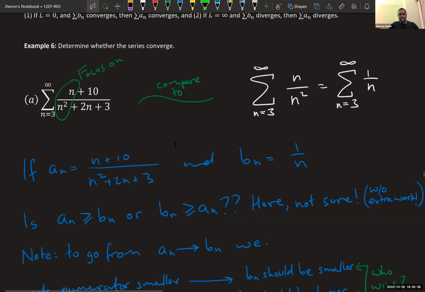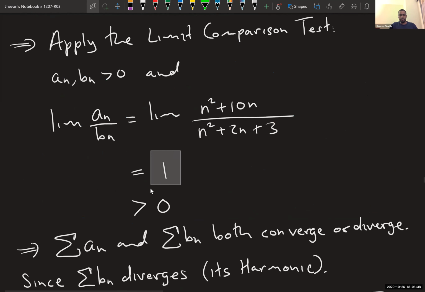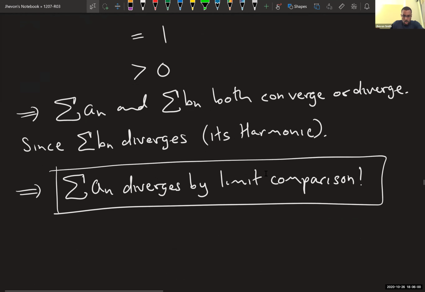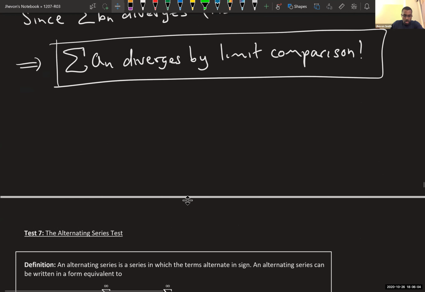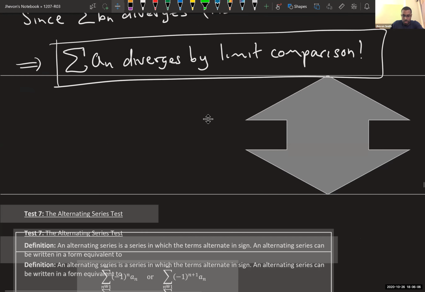In fact, how you can interpret this limit is kind of like a constant of proportionality. So proportionately, they're both the same. And so if one doesn't give you an answer, the other one is not going to give you an answer either. Okay. So hopefully that's clear. That's the limit comparison theorem, or we call it the limit comparison test.